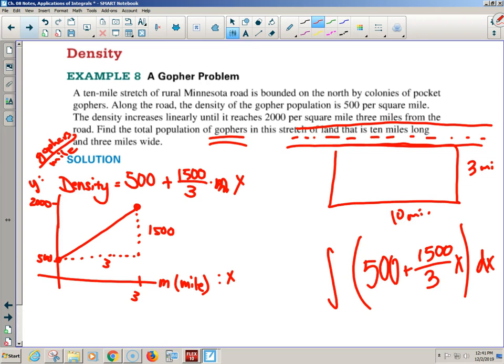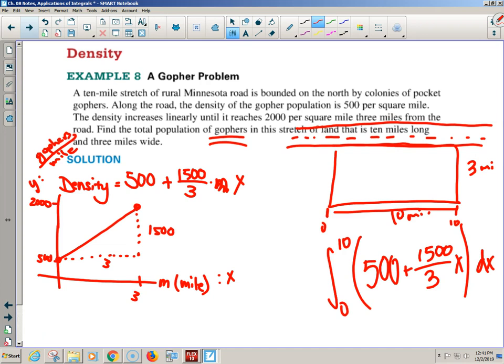Why 0 to 10? It's on that stretch from, hey, here's 0, here's, wait, but what about the 3? Why didn't we use that? We did. They said what's going on at 0 and what's going on at 3 miles. This is what formed my equation for my density. The 3 was already accounted for. So some of you that were like 30 times what would you multiply by?